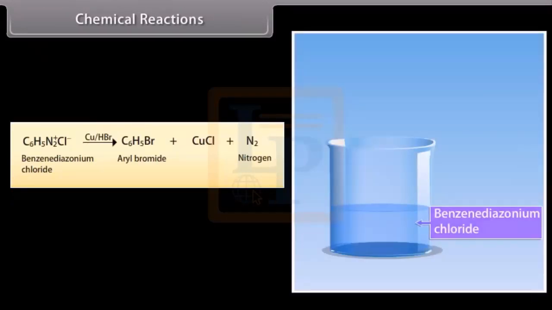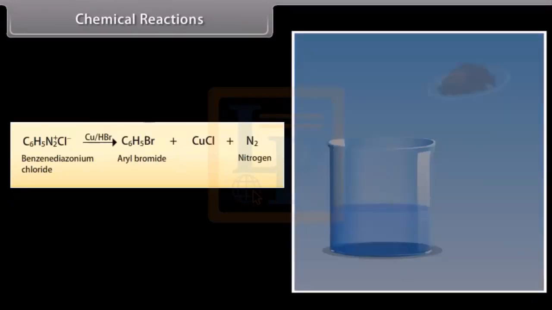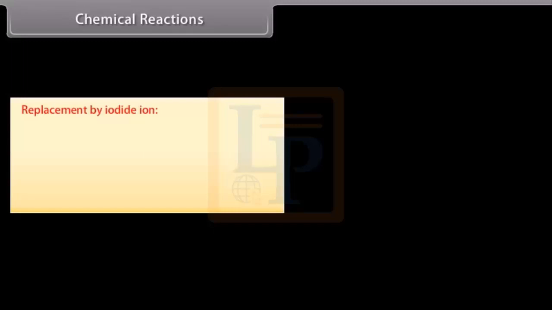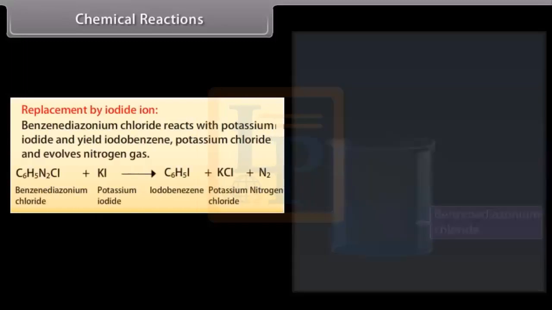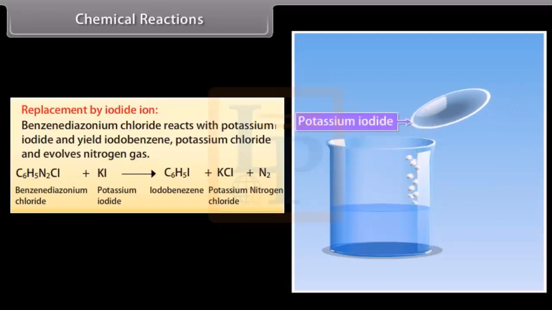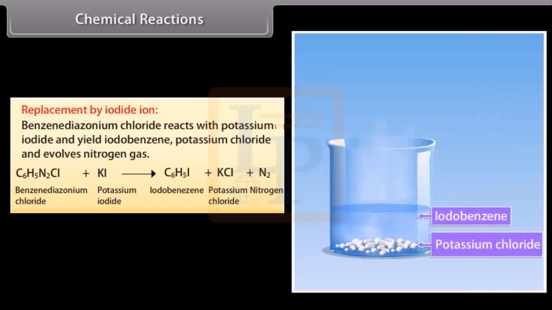Benzene diazonium chloride reacts with hydrogen bromide and copper powder, yielding aryl bromide, cuprous chloride and liberating nitrogen gas. Replacement by iodide ion. Benzene diazonium chloride reacts with potassium iodide and yields iodobenzene, potassium chloride and evolves nitrogen gas.